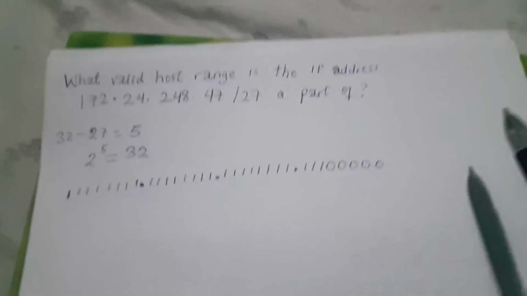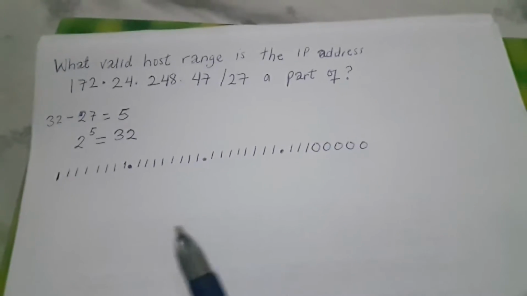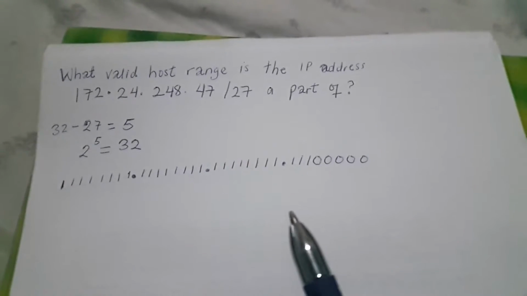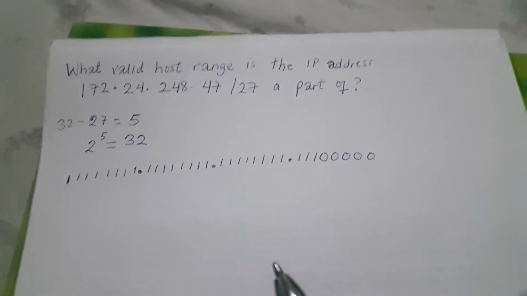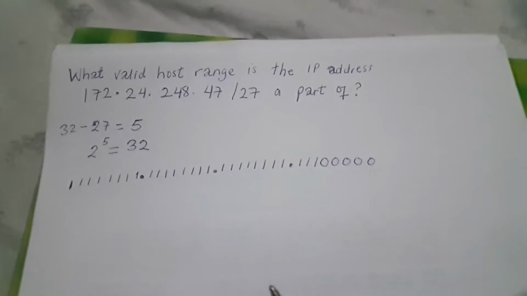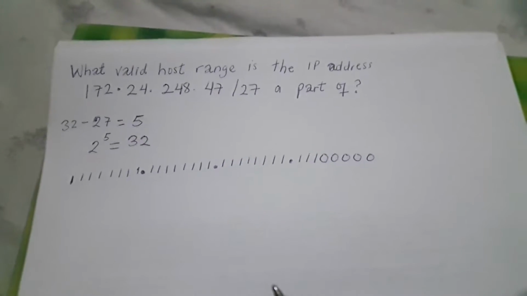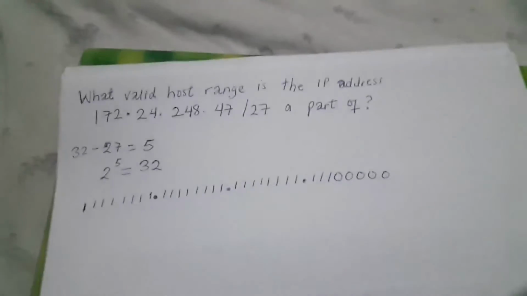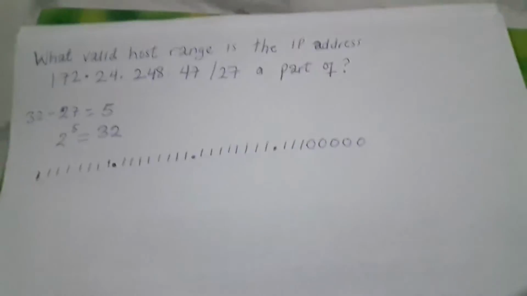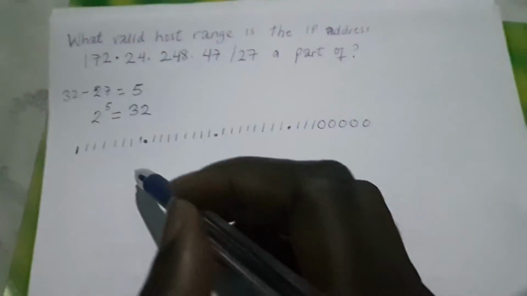Okay, so from this we are going to find our valid host range. With this formula we are going to find our broadcast, our network, and our first valid host. So let's move on. Sorry, my hand is shaking tonight, I'm using another hand.